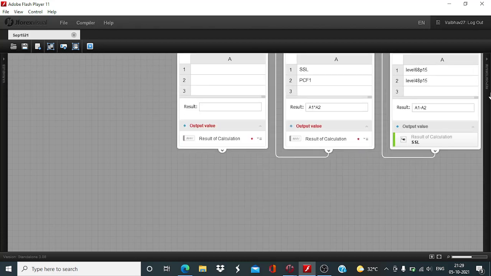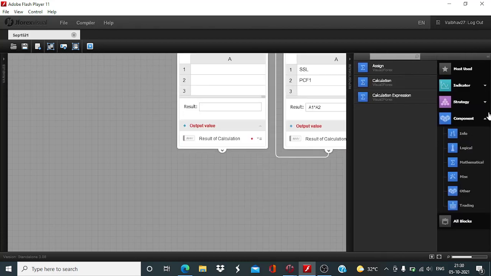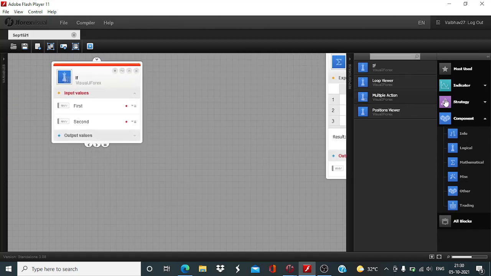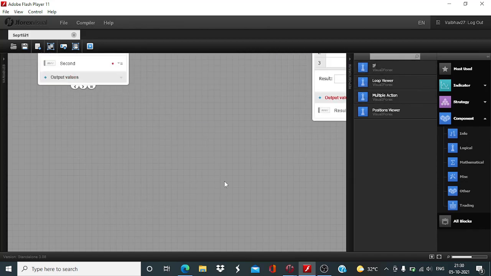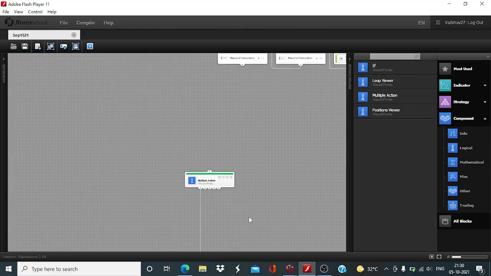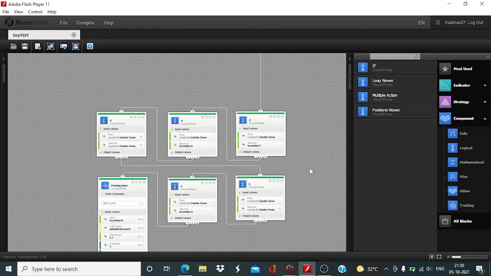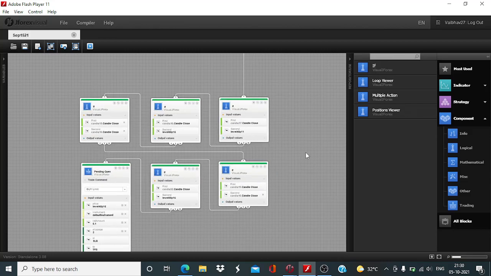Now let us start defining the conditions for the execution of the sale trade. And for that, the logical blocks are going to be needed. And we want the formation to be symmetric, so the number of conditions which need to be fulfilled are going to be the same as the buy side.